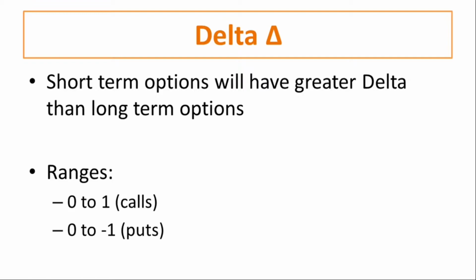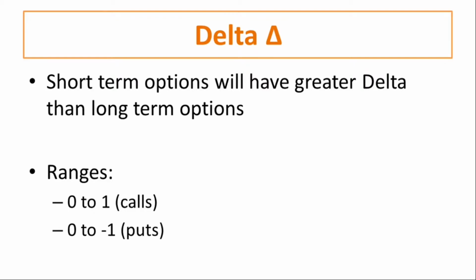Continuing on with delta, also those options that have a shorter amount of time left before the expiration date will have greater delta than those options with a much longer period left. Just know that for calls, delta will range from 0 to 1, and for puts, 0 to -1.